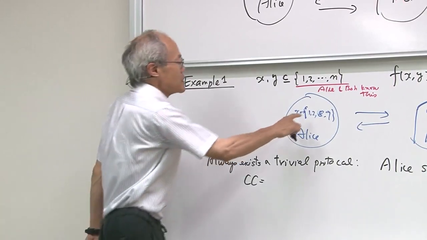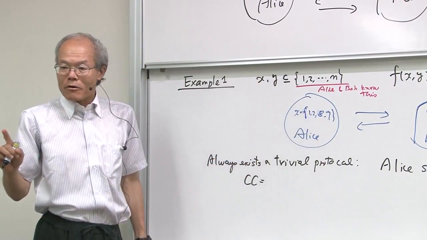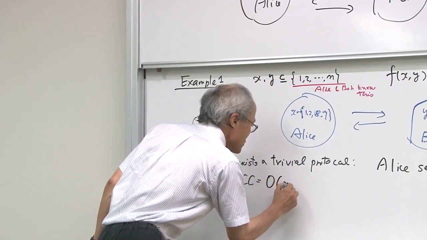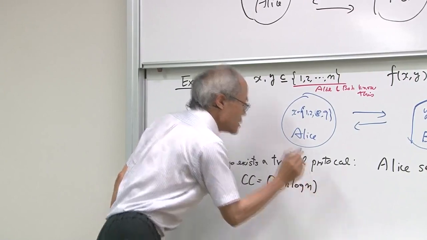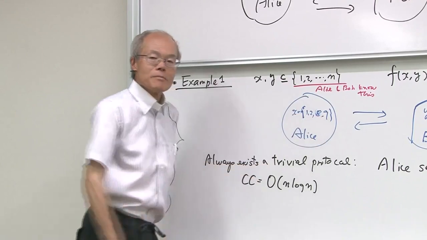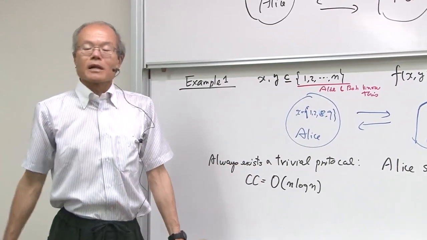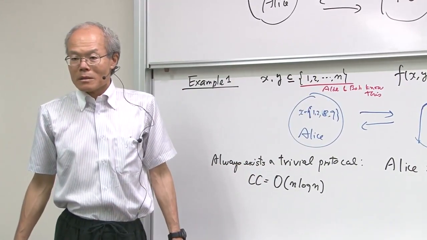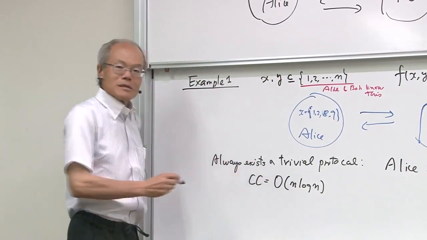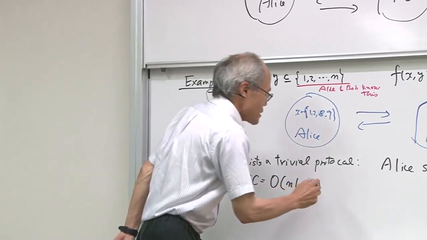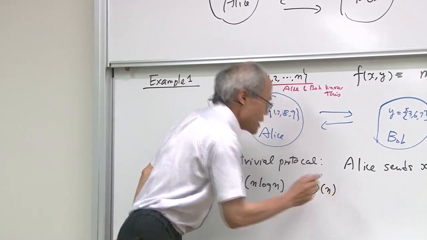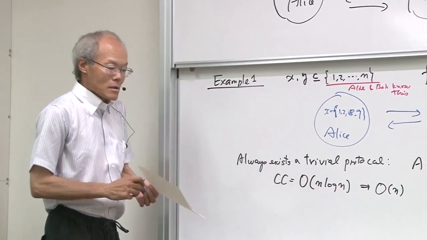So each number may have log n bits. That means communication complexity is something like n log n, because at most n numbers, and each number has something like log n bits. But it turns out this is too much. Actually, this is not n log n, but n.